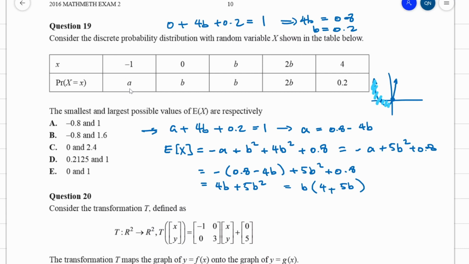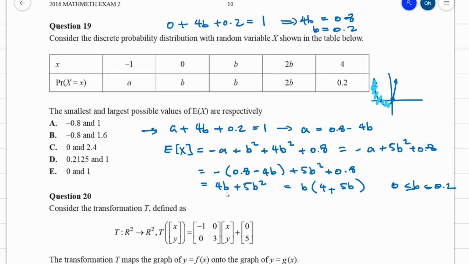If b is any bigger, then the probabilities down here are going to add up to more than 1, which is what we don't want. So I don't think we even need this graph here. We just need b between 0 and 0.2. Well, this graph is useful because we know our function is strictly increasing. So to find the smallest and largest possible values of E(X), we can just plug in the endpoints.